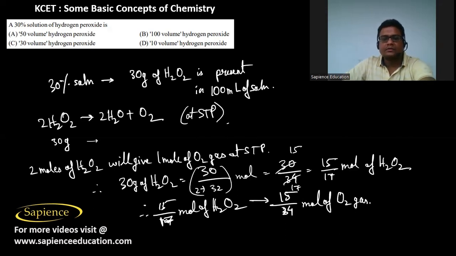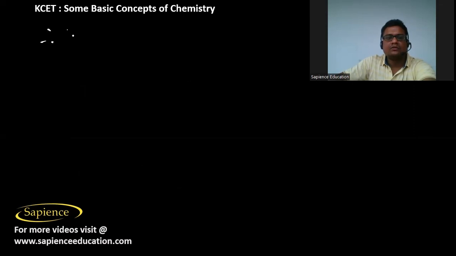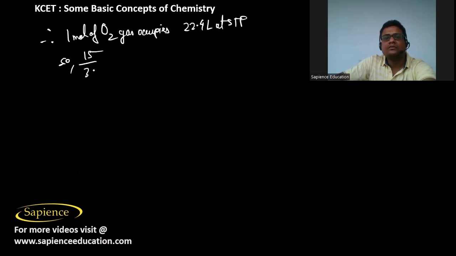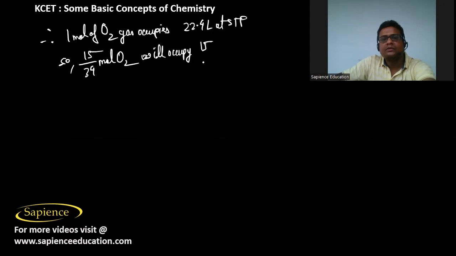Now 1 mole of oxygen gas occupies 22.4 liter at STP. So 15 by 34 mole of O2 will occupy 15 by 34 into 22.4 liter at STP.